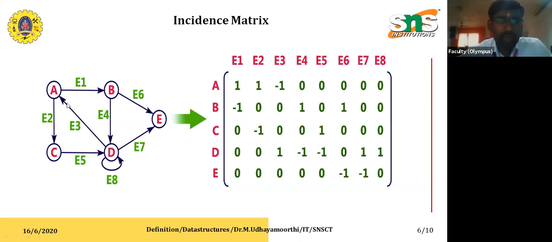If an edge points toward a particular node, that is given as -1. This is called the incidence matrix.